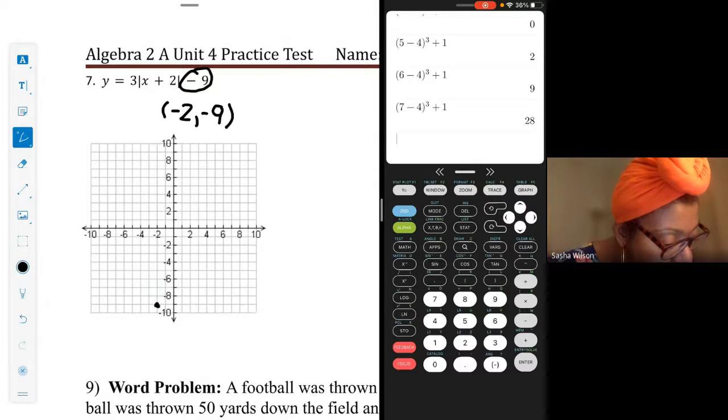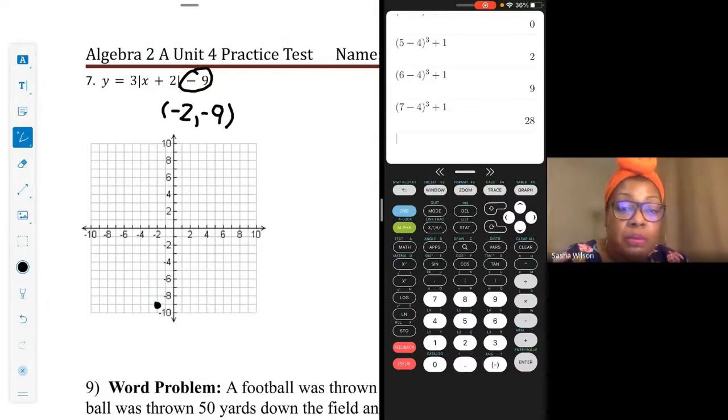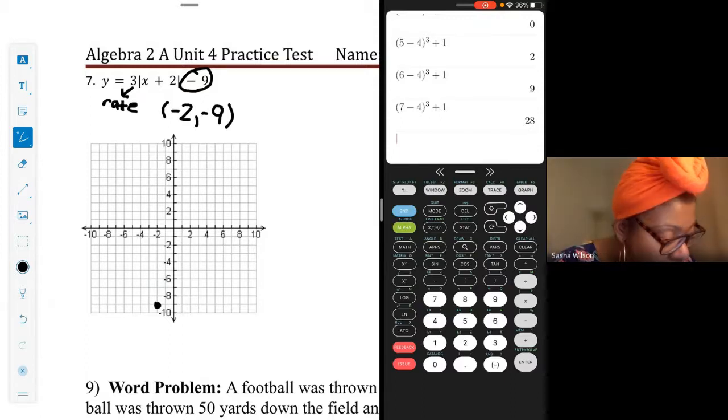And please, please, please, if you did not watch my video from the other day, the lesson, Unit 4, Day 5, go ahead and watch that. And the 3 acts like our rate. That's telling us how much we're going to go each direction. So that 3 is telling me I'm going to go up 3, over to the right 1, up 3, over to the right 1, and I'm going to continue that process over and over again.